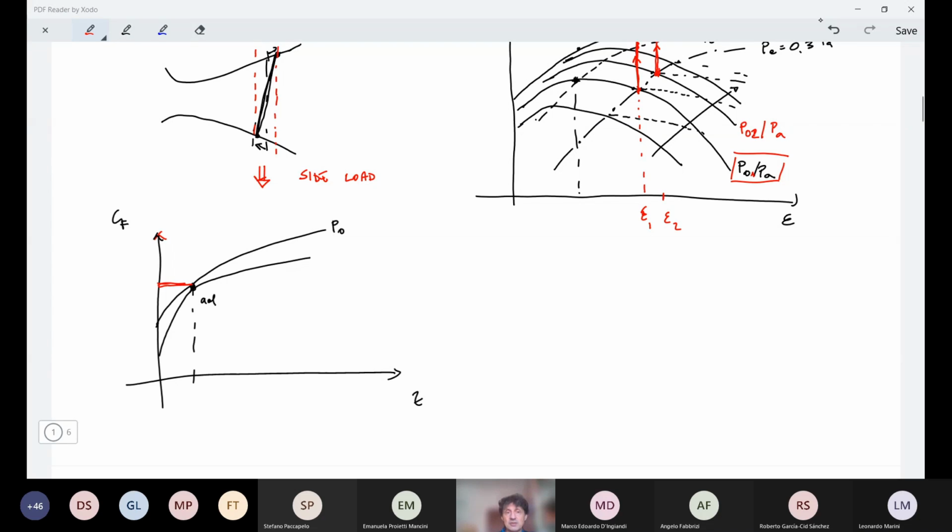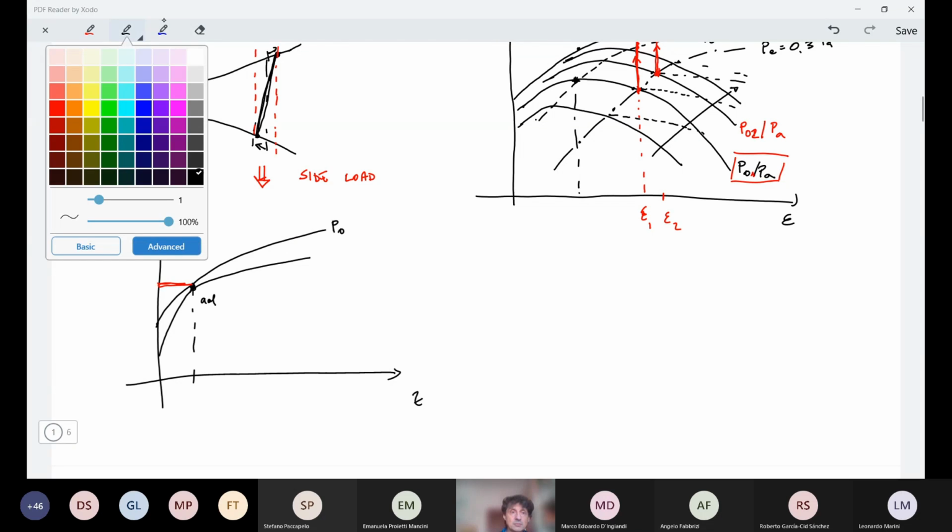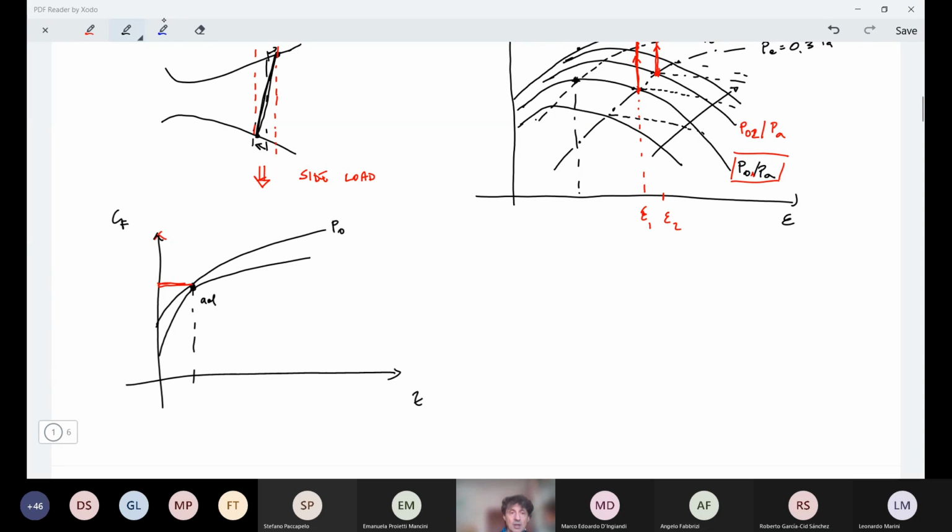But notice what is the disadvantage of working in these conditions. Once you are able to design your nozzle to work at this total pressure, actually you can work at this pressure all along the trajectory.